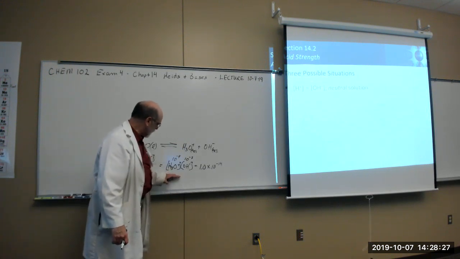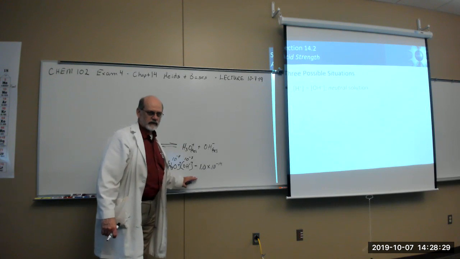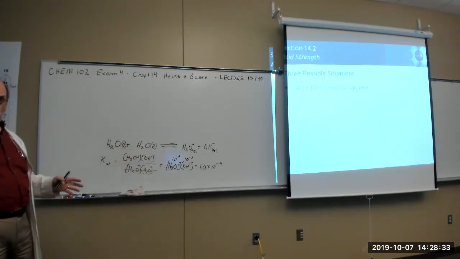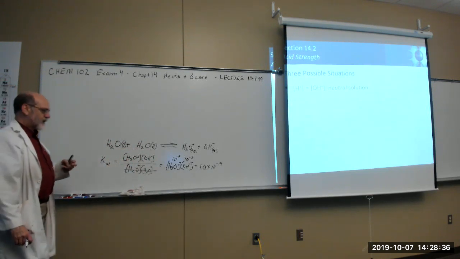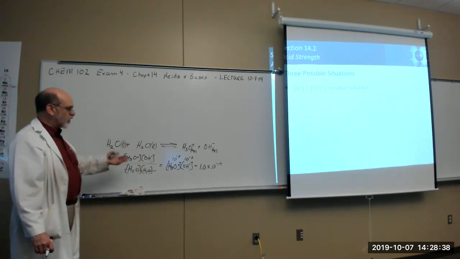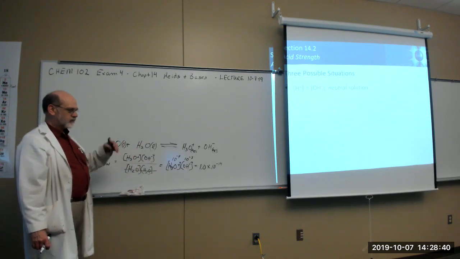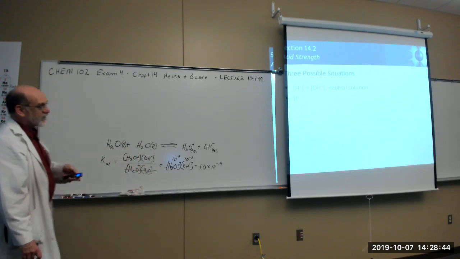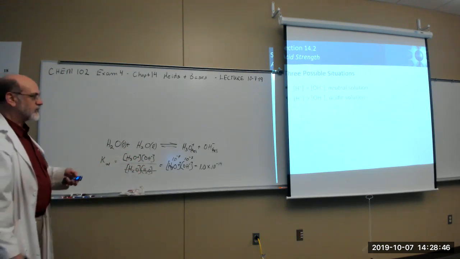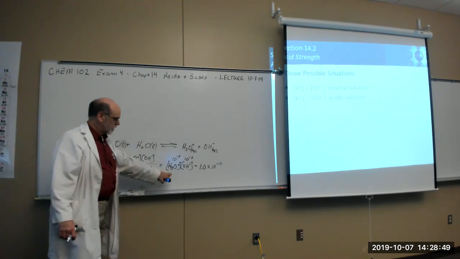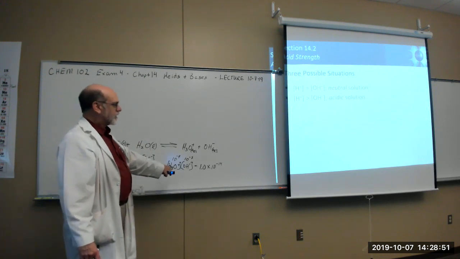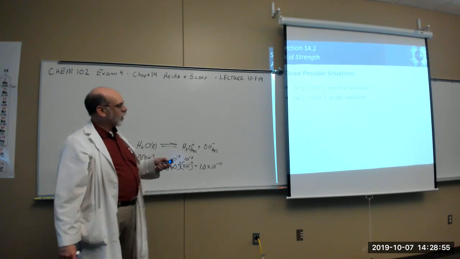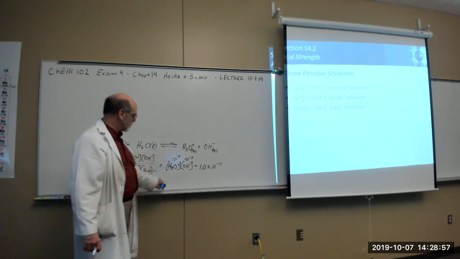Equal hydronium, equal hydroxyls. That's the neutral situation, where they're both equal. But if we add some protons to that, it's going to induce an imbalance. In the case where we have more protons than hydroxyls, then we have an acidic solution. Where we have more hydroxyls than protons, we have a basic solution.